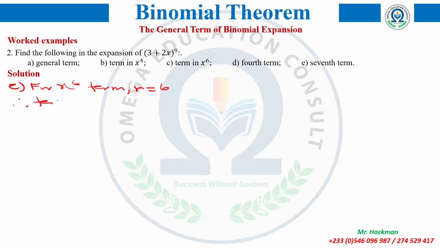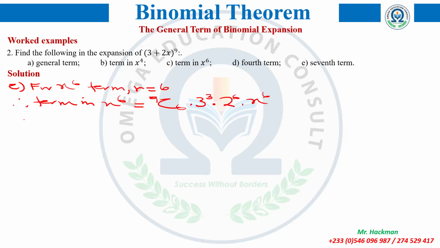Therefore, the term in x to the power 6 will be equal to 9 combination 6 times 3 raised to the power 9 minus 6, which is 3, then times 2 raised to the power 6, then times x to the power 6.